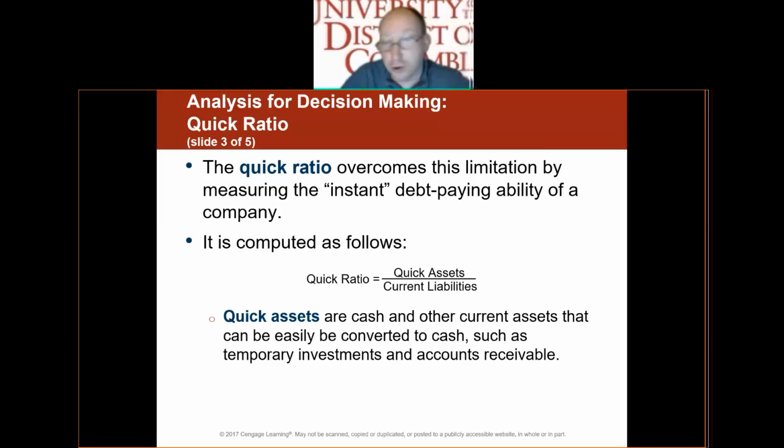This would include things like accounts receivable or other temporary investments. I can quickly convert them to cash. With inventory, it's difficult to quickly convert inventory to cash. I can't force customers to buy my stuff, right? So therefore, I cannot quickly convert it to cash.